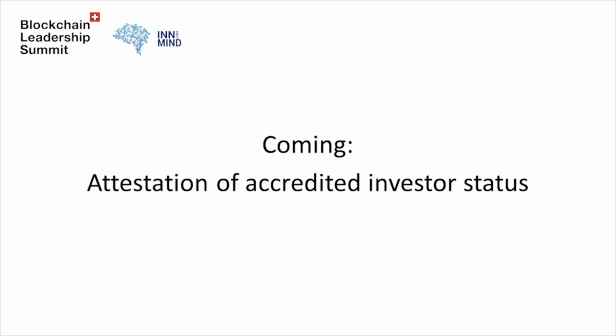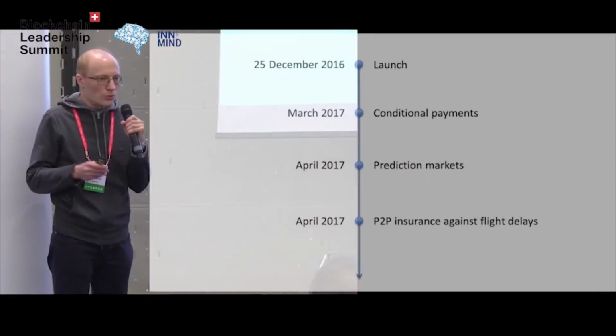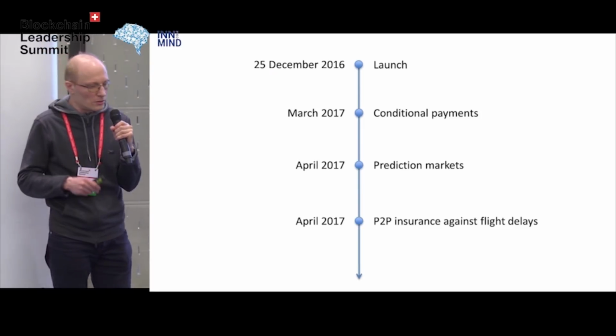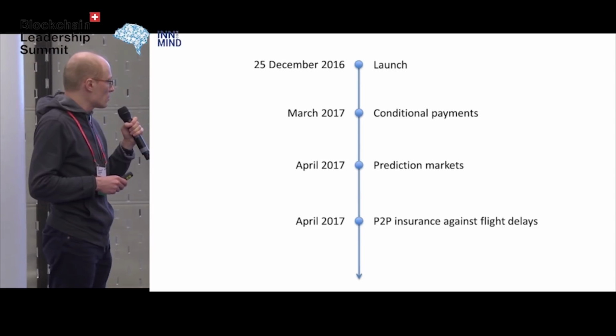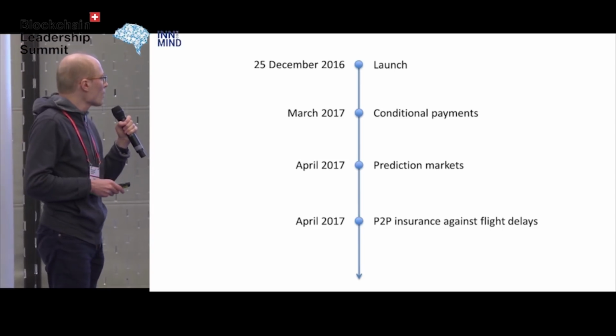The platform was launched on Christmas Day of 2016. In March, we launched conditional payments, which is a simple smart contract that allows you to send one token and ensure that in exchange you receive another token, for example, or make a payment bound to a condition which is posted and confirmed by an oracle.